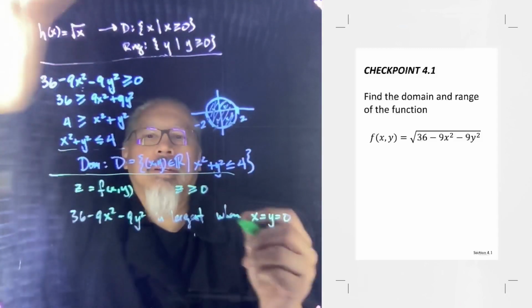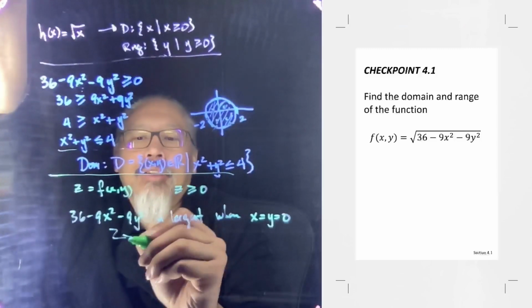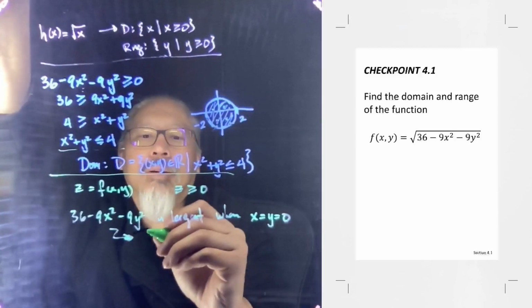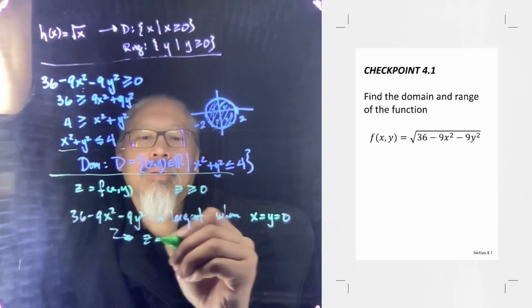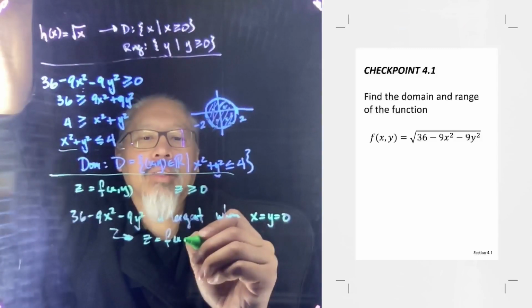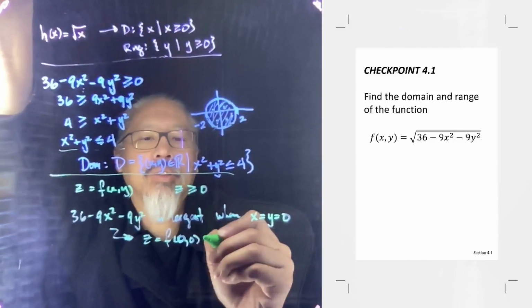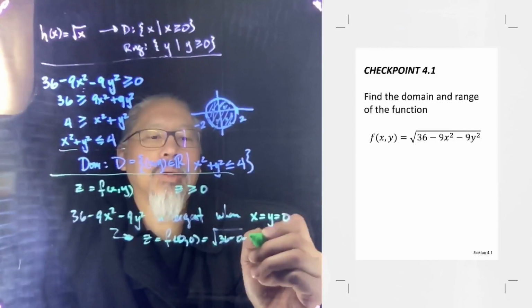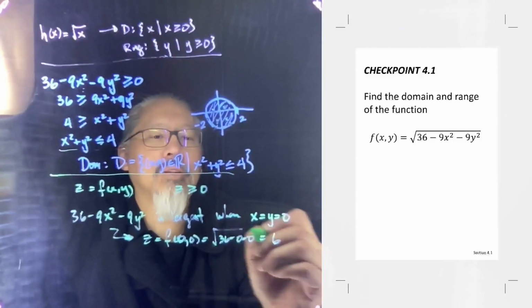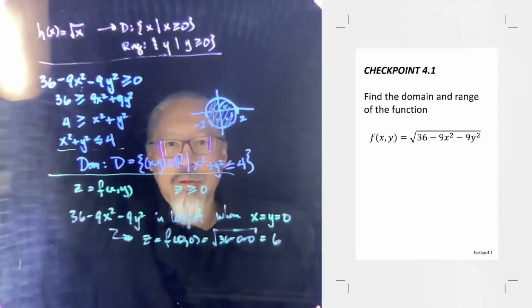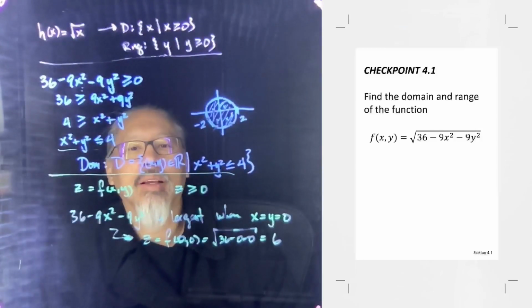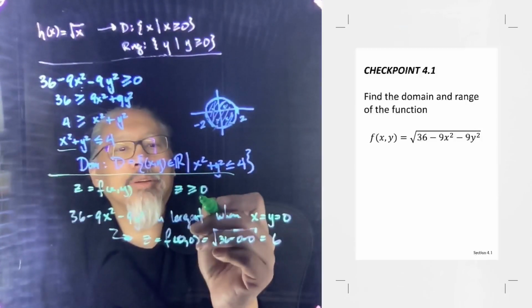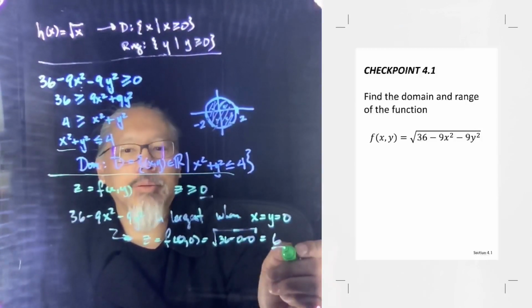And so this largest value happens at f of 0 comma 0, which is going to be the square root of 36 minus 0 minus 0, which is the square root of 36, which is equal to 6. So the smallest value it could be is 0, the largest value it could be is 6.